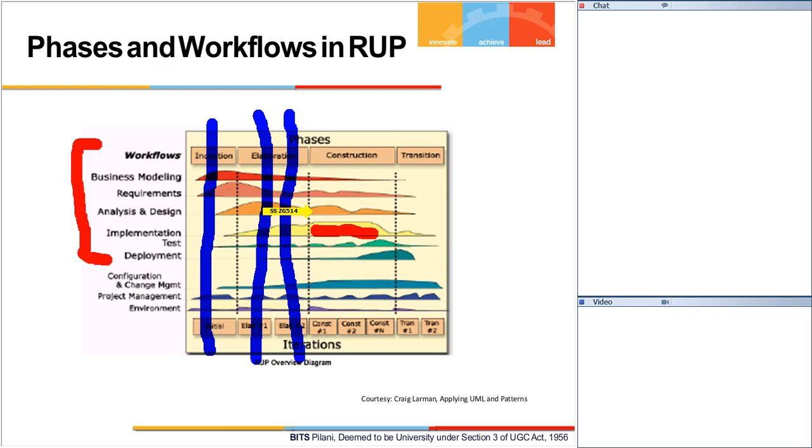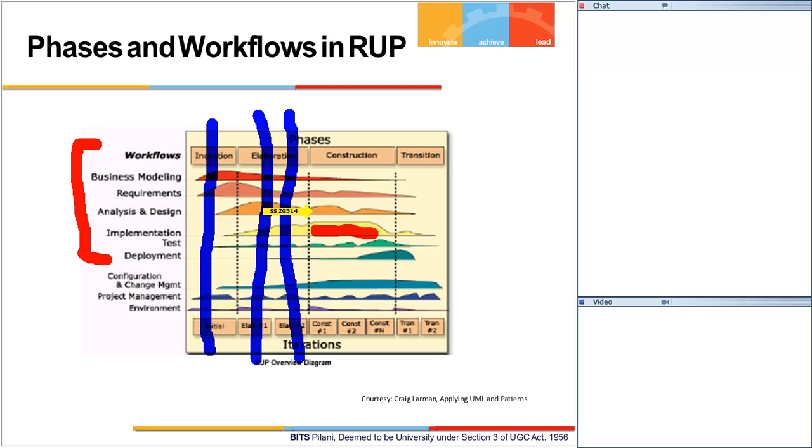So that is the reason your emphasis on business modeling and requirements is reducing. Your product has reached such a high level of maturity that while it is more or less in the construction phase, there are only very small portions of the requirements left to be picked up, analyzed, designed and implemented, right?